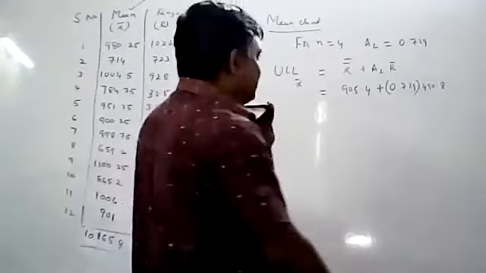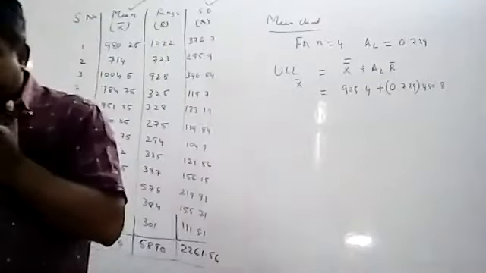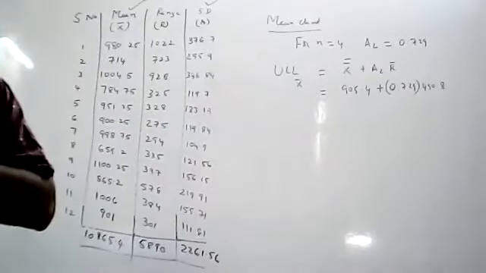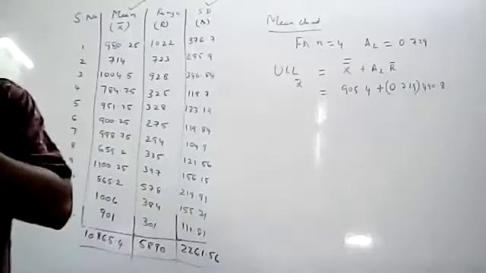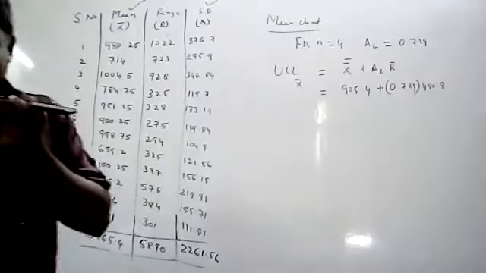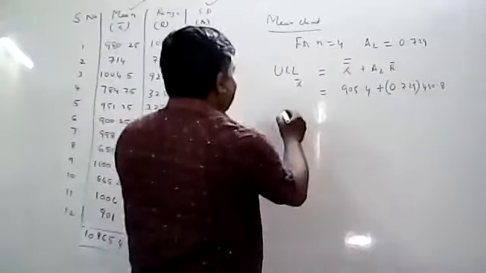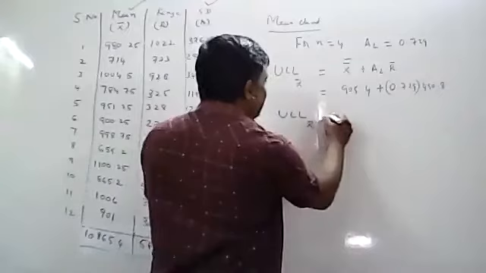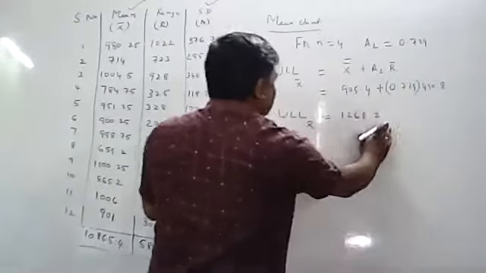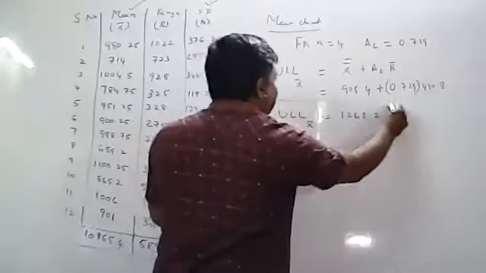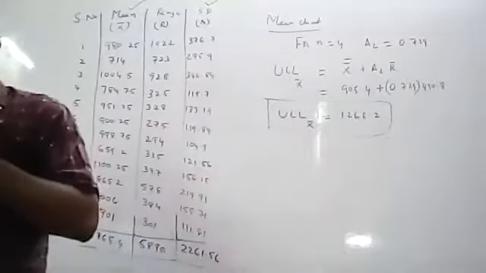I hope all of you are getting the same value, 1263.24. So UCL X bar equals 1263.24. One place is enough, so I will consider 1263.2.